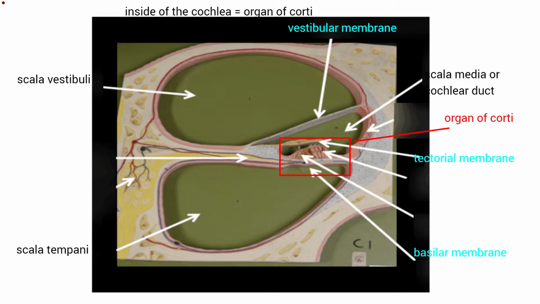Okay. Now I want to come back because these spaces, this scala vestibuli, scala tympani, scala media, are filled with fluid. And so I want you to know the names of those fluids there. Okay. So this is filled with perilymph. Oh, let me go back.